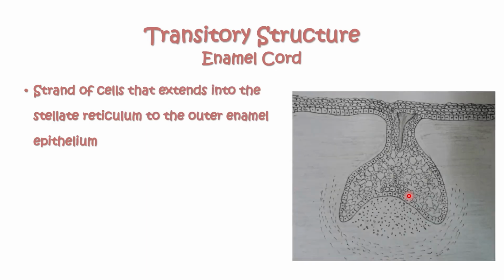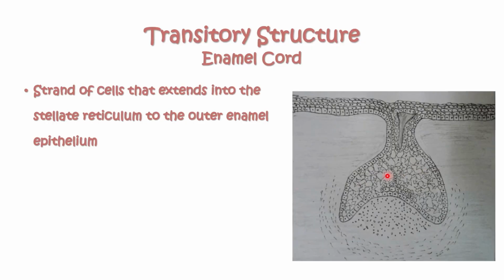The last one is enamel cord. Enamel cord consists of strands of cells extending from the enamel knot to the outer enamel epithelium through the stellate reticulum. This is your enamel cord that extends from the enamel knot to the outer enamel epithelium with the help of the stellate reticulum cells.